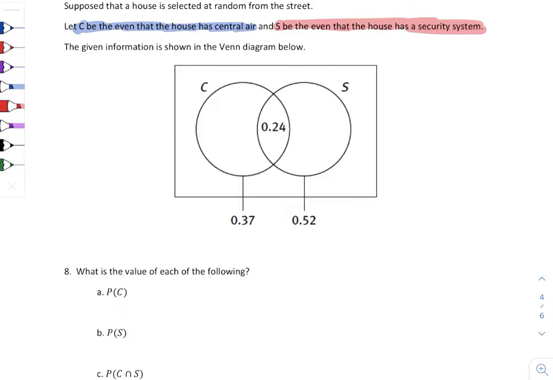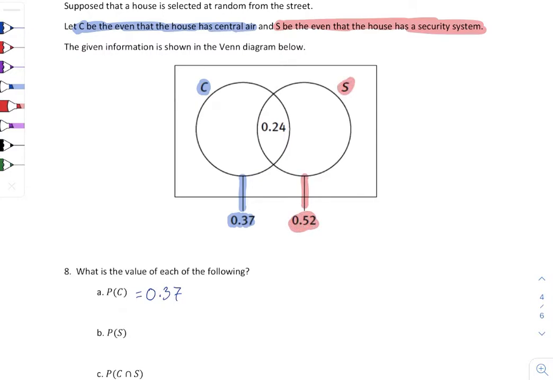So they want us to find the probability of C, and that's given to us right here. Whenever they have that little line coming down, they're trying to tell you that the whole circle, including the area on the left and the middle portion, combined gives the entire probability for C, which is 0.37. Same thing for S: the entire circle has a probability of 0.52.